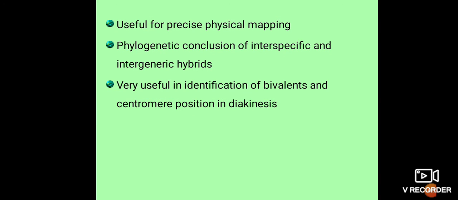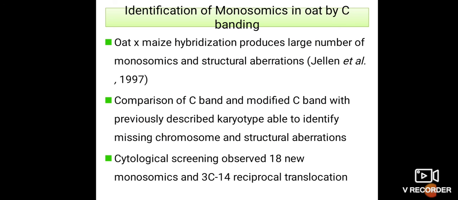It is useful for precise physical mapping and phylogenetic conclusions in interspecific and intergeneric hybrids. People also use C banding for identification of monosomics.